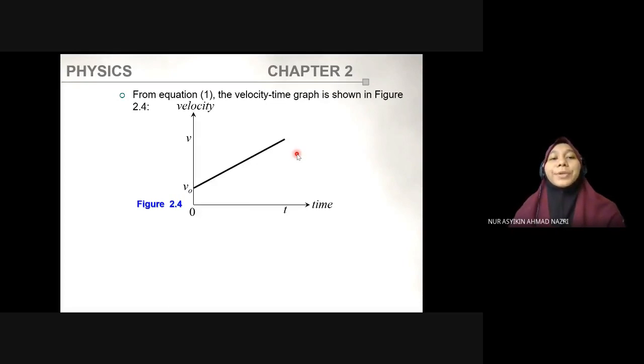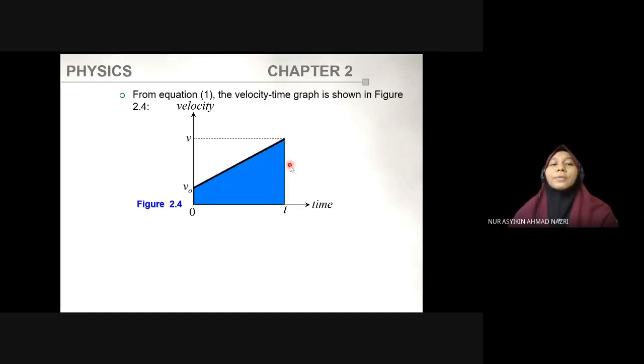From equation 1, the velocity time graph is shown in figure 2.4. The velocity versus time. This is the possible diagram to represent that kind of motion, which gives us a constant acceleration.